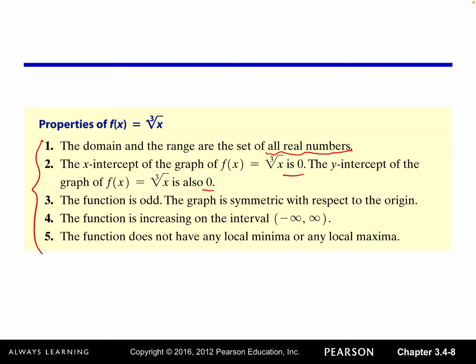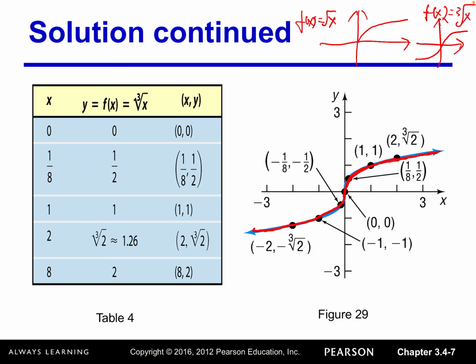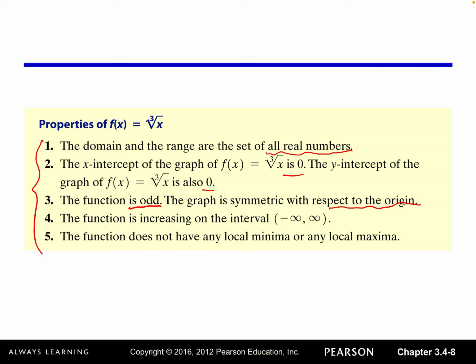The function is an odd function, as we already tested, so the graph is symmetric with respect to the origin. What about increasing and decreasing? It increases all the way from negative infinity to positive infinity, with no turning points. So there is no local maximum and no local minimum. It is increasing on the interval from negative infinity to positive infinity.